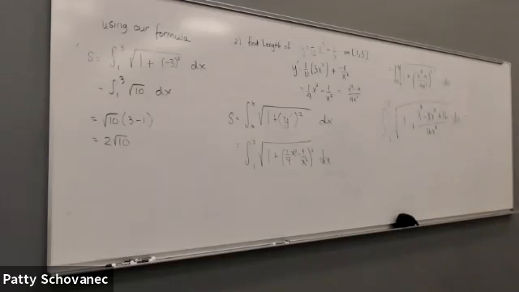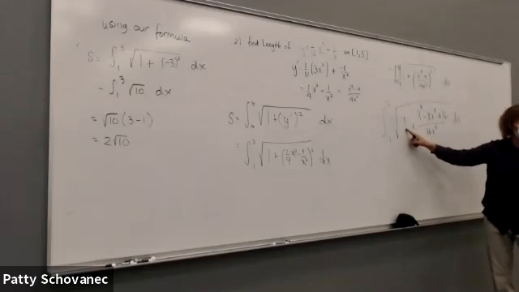We still can't integrate, right? So I'm going to get a common denominator. I'm going to write this as 16x to the 4th over 16x to the 4th so that I can combine these.